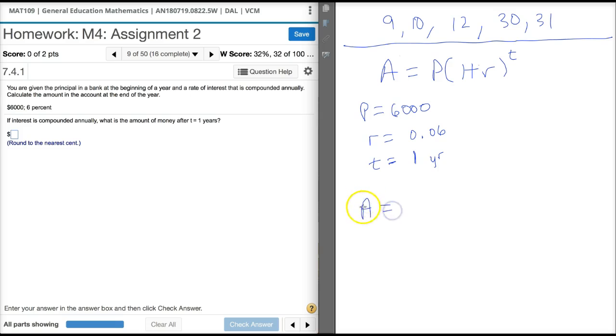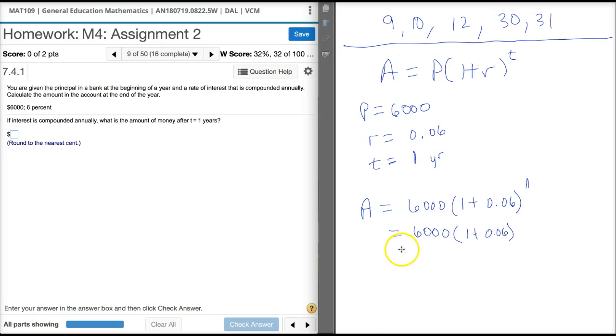Therefore, A, the accumulated amount in the account after the first year, is just going to be 6,000 times 1 plus 0.06 raised to the 1. Anything raised to the 1 is just itself.